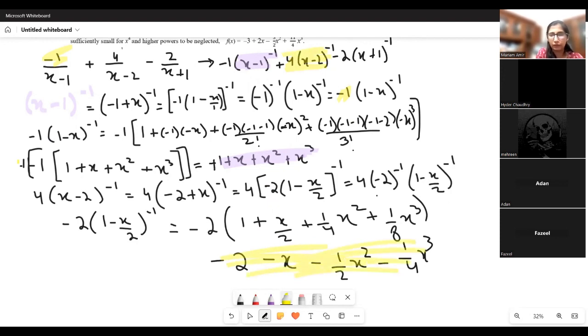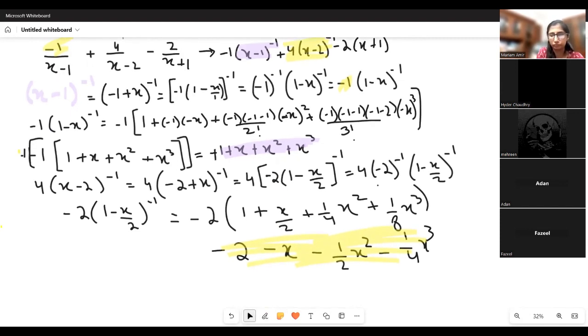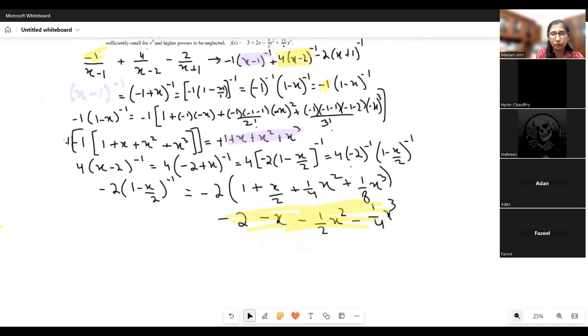And lastly, we have to expand minus 2 times x plus 1 power minus 1. So we have minus 2 times 1 plus x power minus 1.